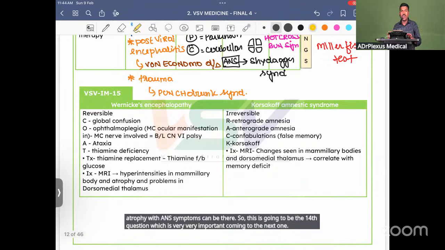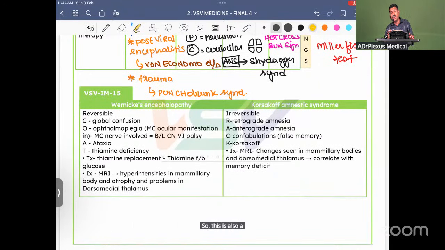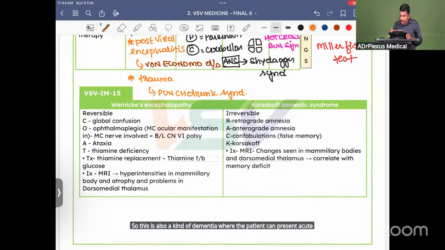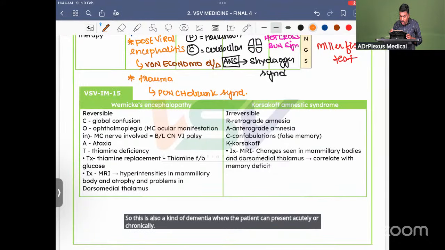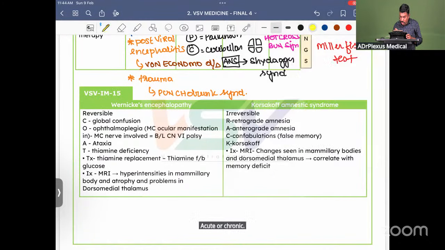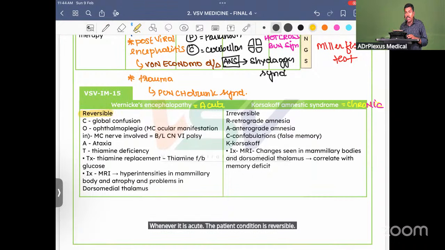This is also a kind of dementia where the patient can present acutely or chronically. Whenever it is acute, the patient's condition is reversible and it is characterized by three important things.